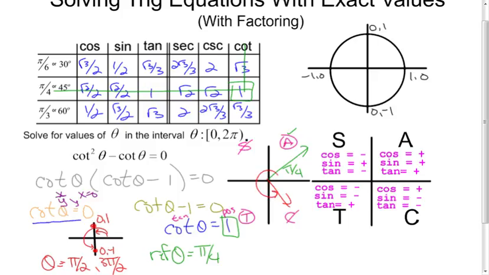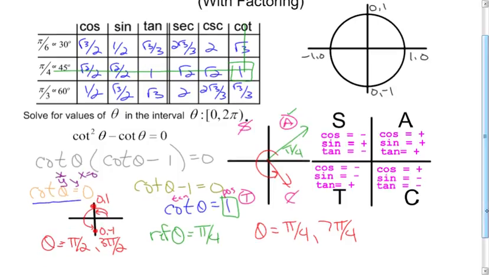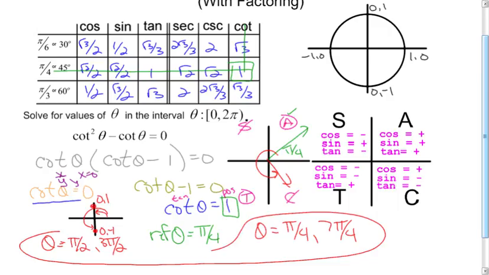And I also want the fourth quadrant angle. Okay? So my theta answers here, like I said, will be pi quarters, as well as 7 pi quarters, using the pi quarters reference to generate a related angle in the fourth quadrant. So if you notice, I get these 4 answers, and they are the solution to that equation.